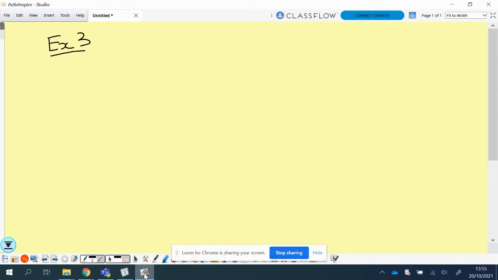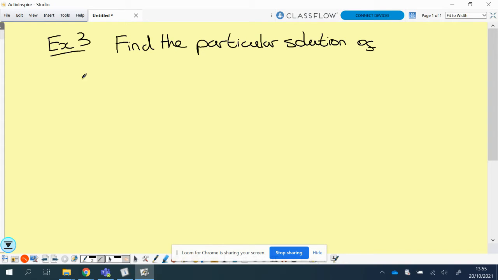Okay, folks, let's look at example 3. So we're going to find the particular solution of the equation d squared y by dx squared plus 2 lots of dy by dx plus 2y equals sin x.